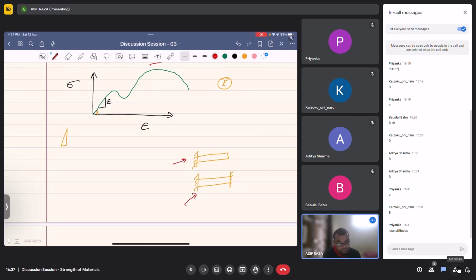Now if I increase the temperature by delta T in both, what kind of stresses will develop in both systems? This is system A, this is system B, both having the same material. What kind of stresses will develop in system A and system B?